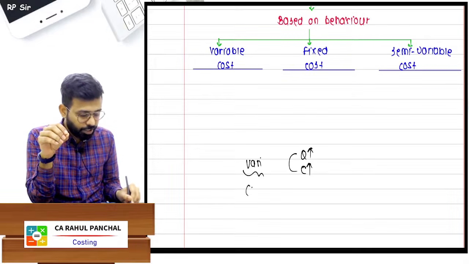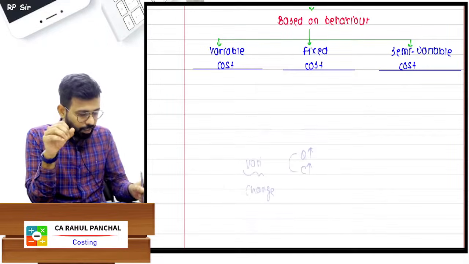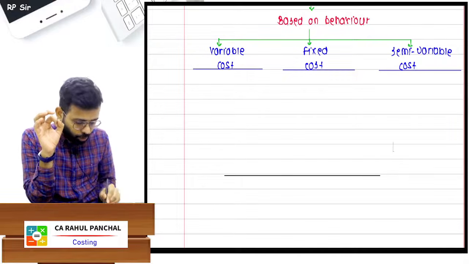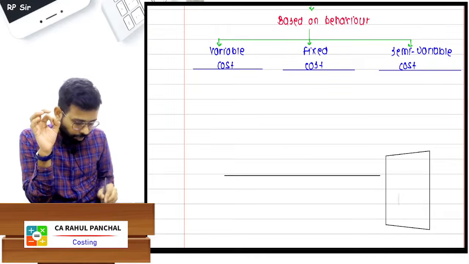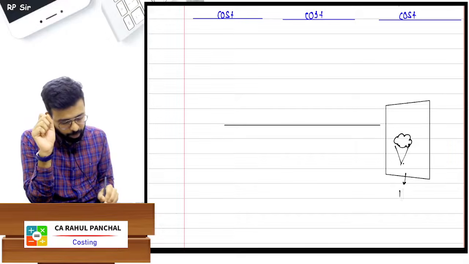Vary means change. For example, let us say you go to a shop where you are going to buy ice creams. The cost of an ice cream is, let us say, 10 rupees per unit.